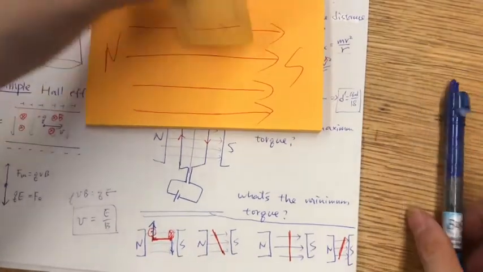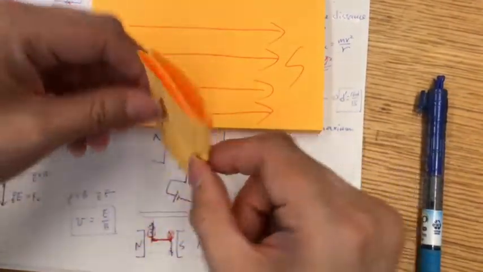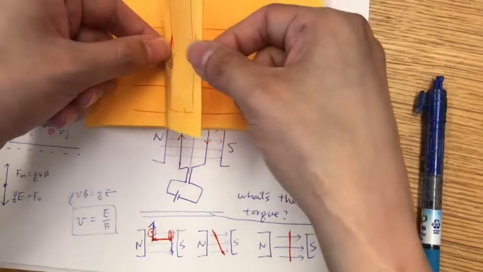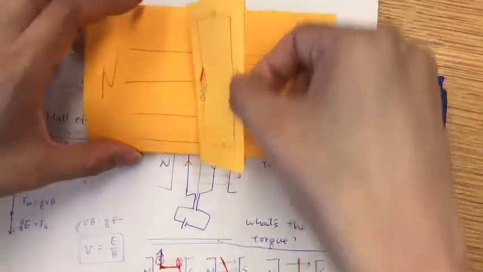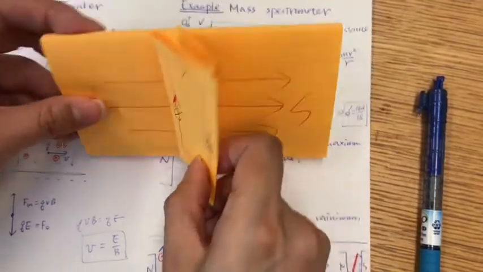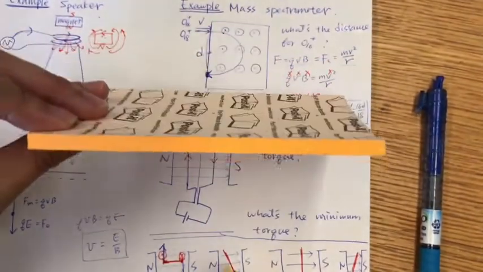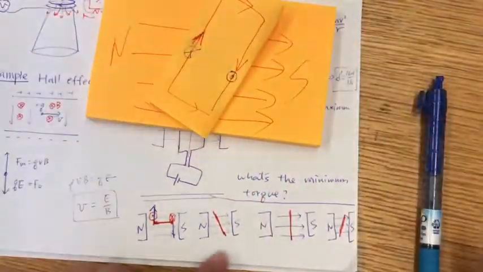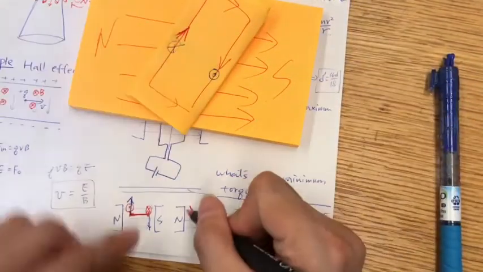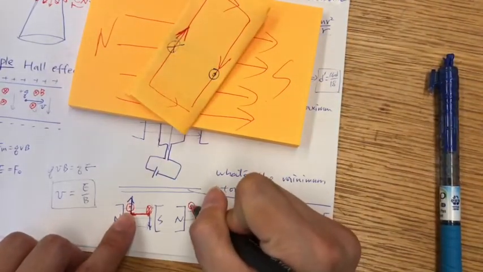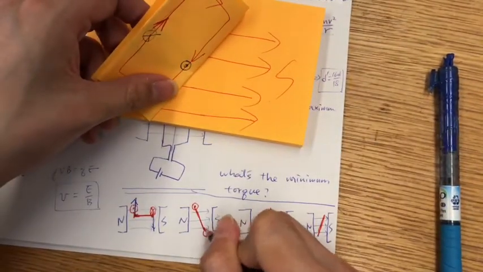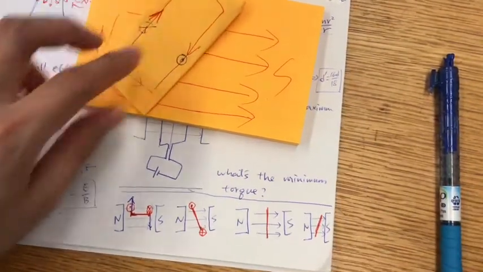And now when this one is just slightly tilted, because it was pushed over, it started rotating. When it's rotated to this direction and you see it from the top, it will look like this. Now you can see this end is the end where the current flows outward, and this is the current flowing into the page.